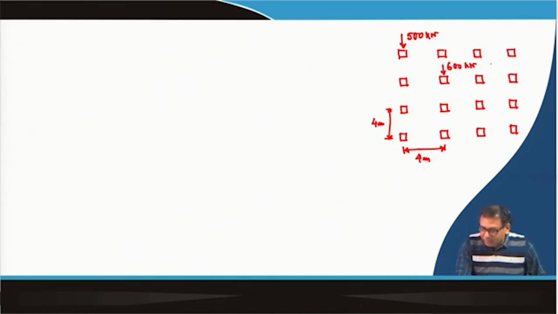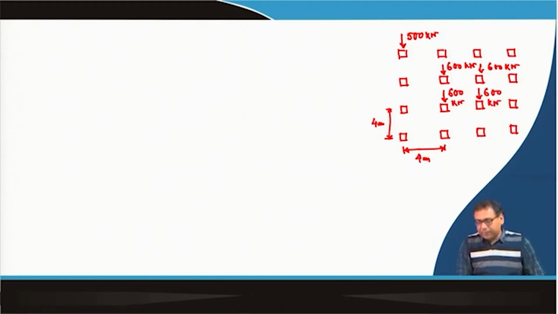So for all 4 inner columns the load is 600 kilonewton, and for all outer columns the load is 500 kilonewton. Initially we have to check the foundation for every column.